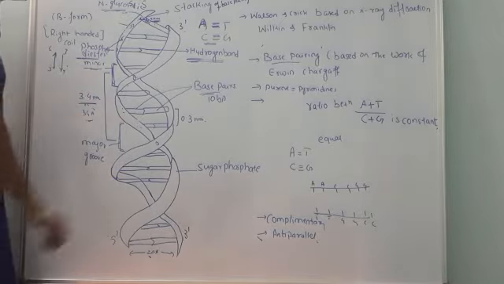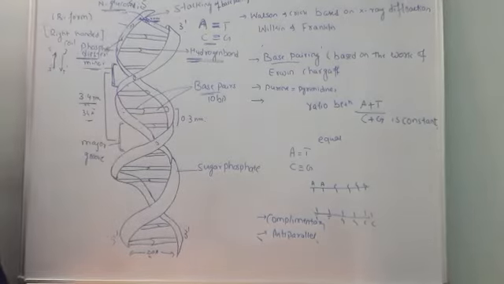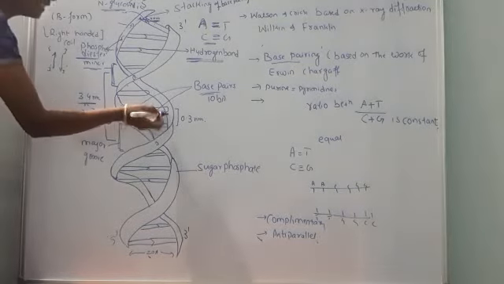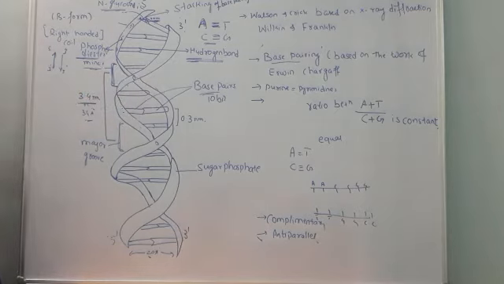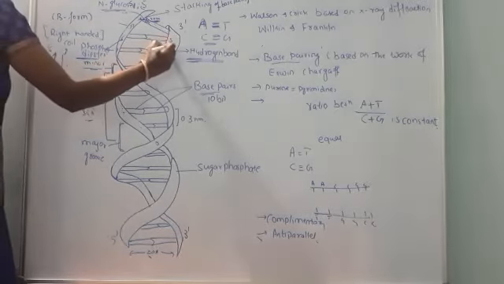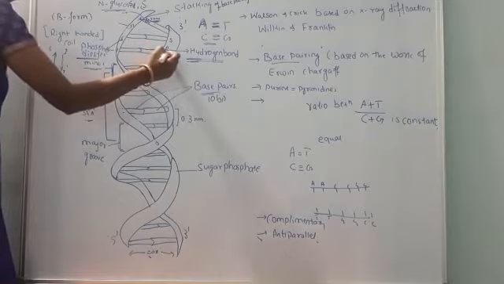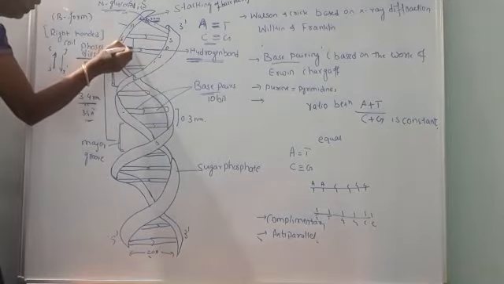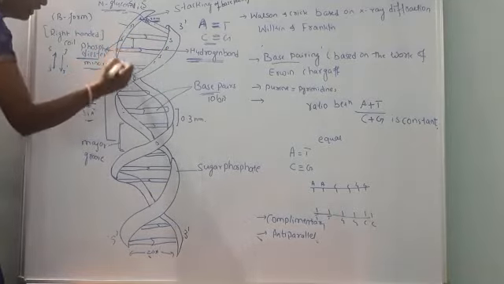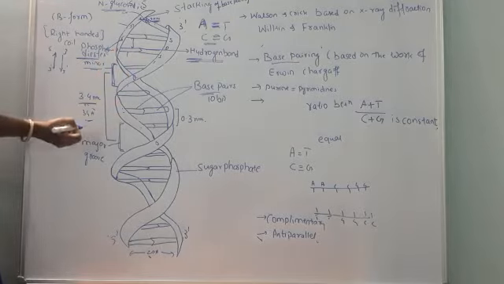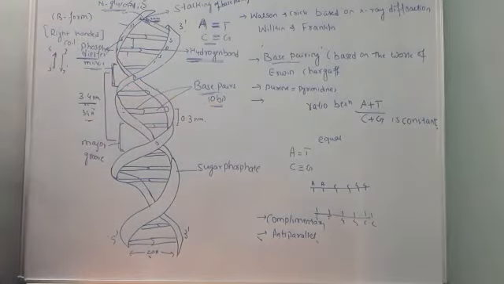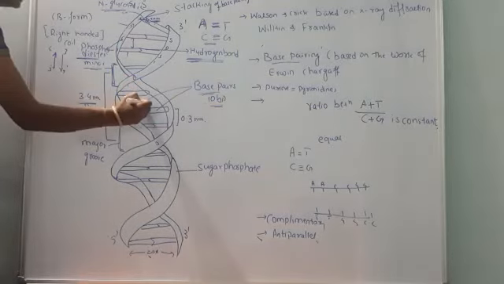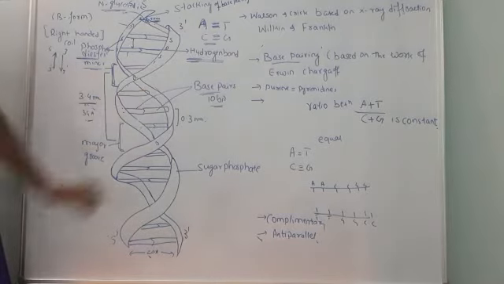Next, there is one more point. What is the distance between two nucleotides? Take for example, one nucleotide, sugar, phosphate, sugar, phosphate. From here to here, I have shown only a few, but about 10 base pairs are accommodated in each turn.